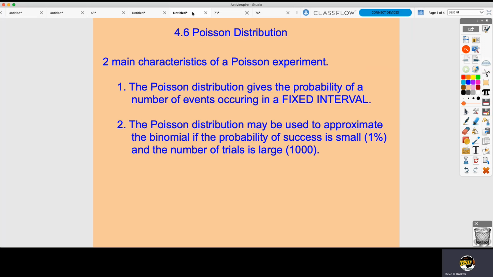All right, next one is called Poisson distribution. What's wrong with that? That's how you say it. It's one of the things that I remember from stats. It is Poisson. I don't know why I remember that, but because it's the guy's name.